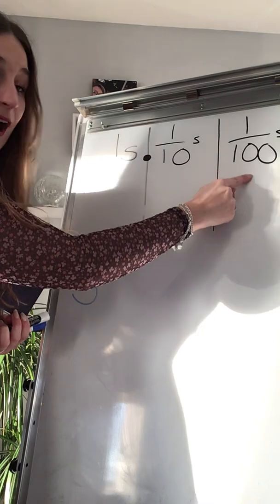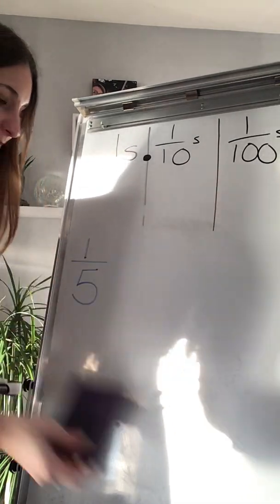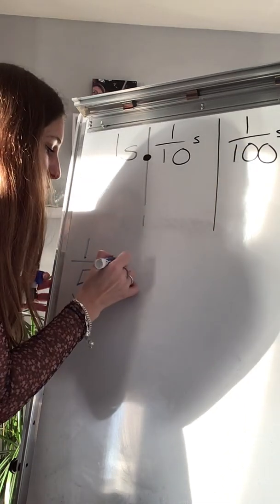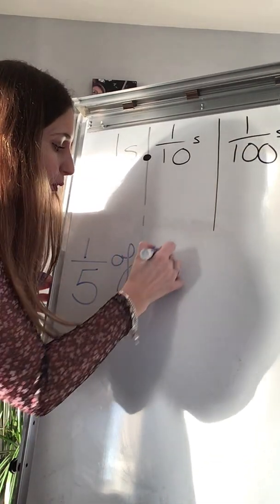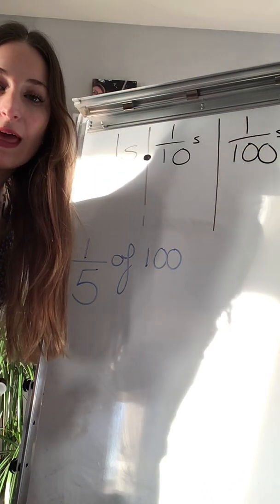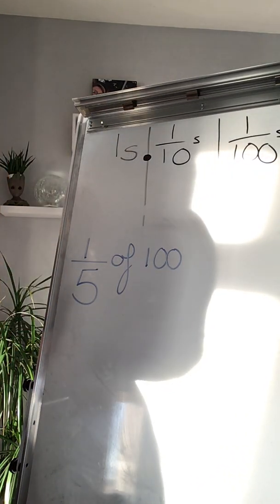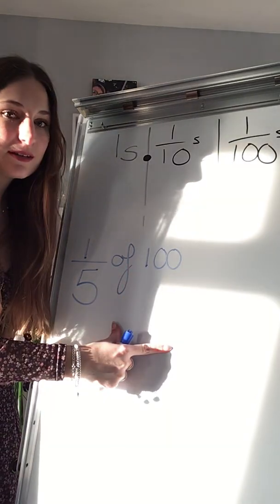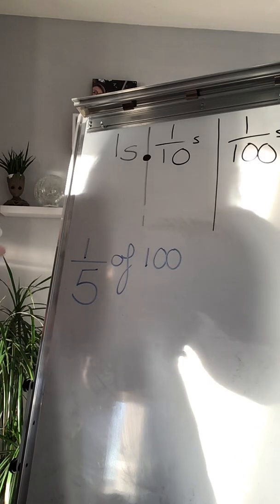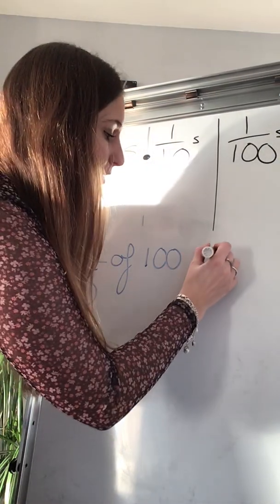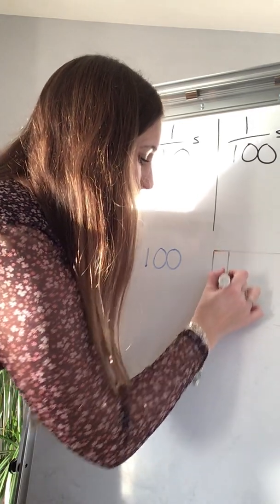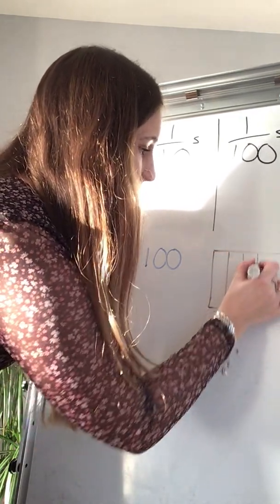So to have 100, if I say to you that we have 1/5 of 100, and I ask you how many do you eat, then you will need to split your 100 into how many equal parts? Into 5. Well done.